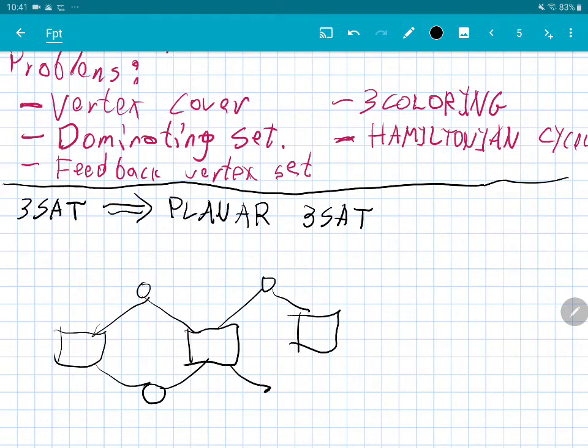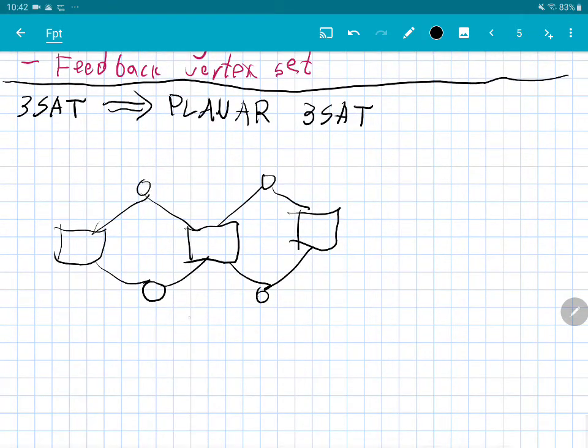And the surprising thing is that you can do this reduction, right?